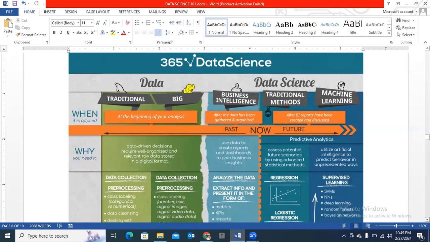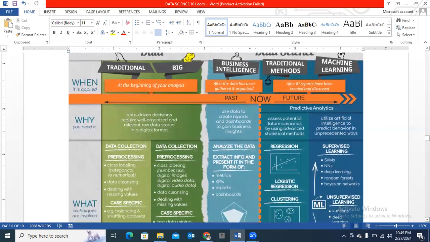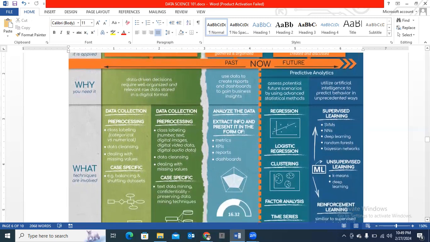We move on. I want to assure you that at the end of this explanation of this diagram, you will be able to understand what data science is and make your decision to pursue data science. So, what techniques are involved in each of these? In traditional data, the techniques involved are the pre-processing techniques that you need.